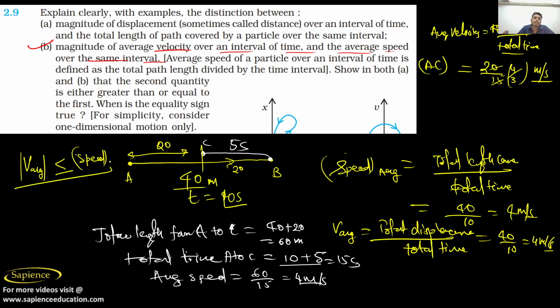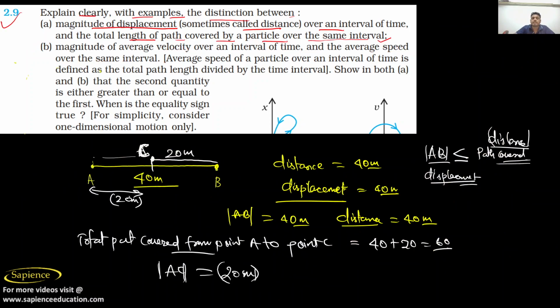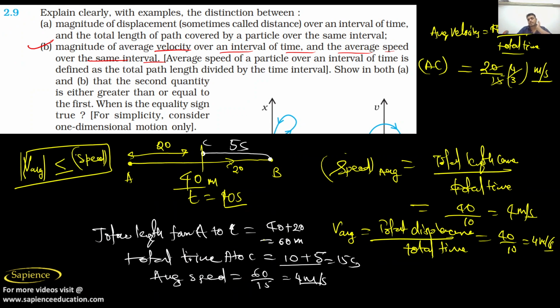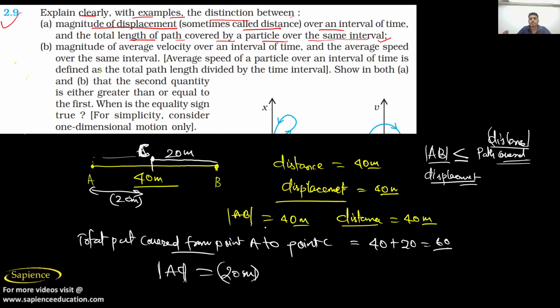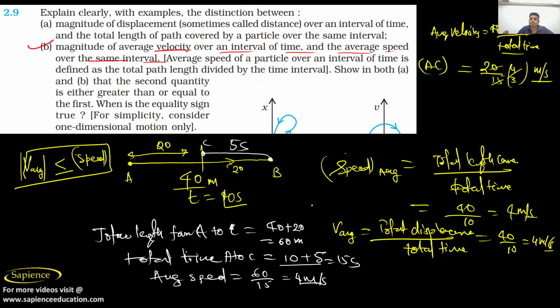Or equal to, maybe equal to, because I have shown in the previous case that this is equal. See here, average speed is 4 meter per second, and here also average speed is 4 meter per second.